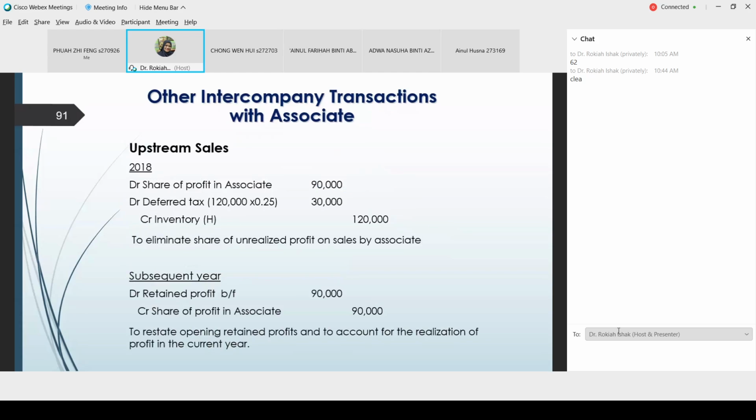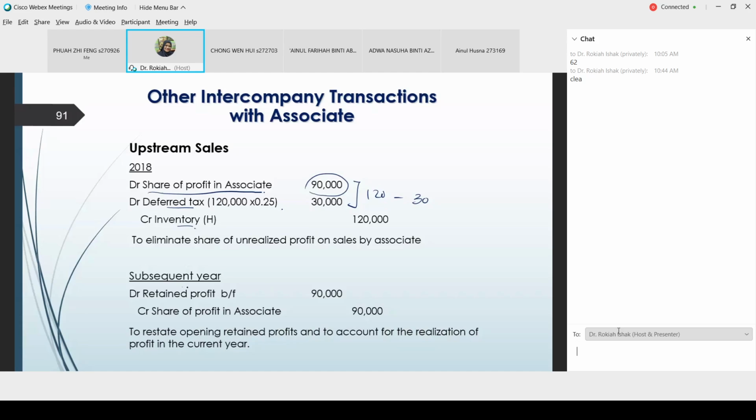Okay, and then this one is an upstream sale. For an upstream sale, we are using share of profit in associate, deferred tax, and then credit inventory. Share of profit here is 90 because the total amount is 120 minus 30 from the deferred tax.